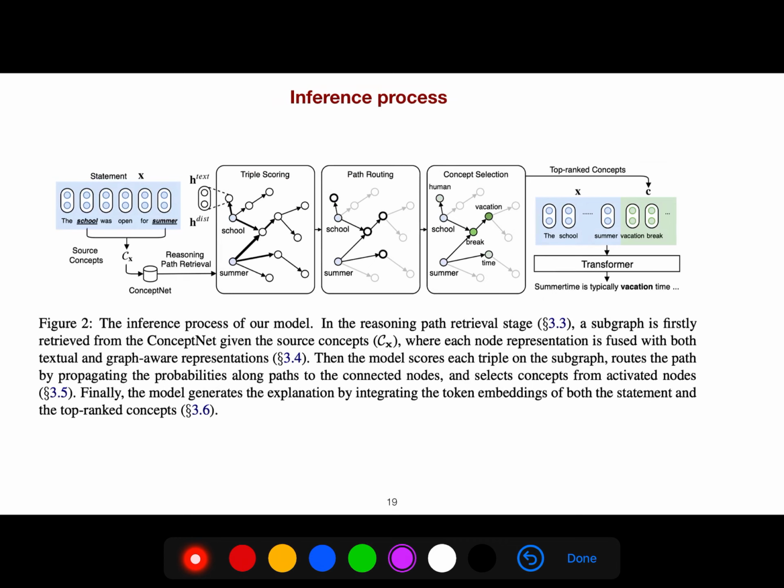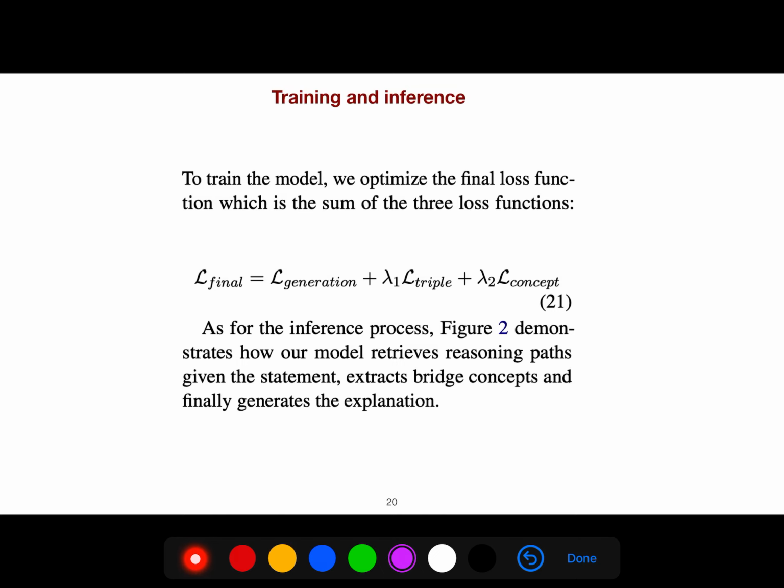So this is the inference problem. You have a source, you use ConceptNet, you find the bridge concepts that are important, and you give them to the transformer to generate something meaningful. But you have very good features like this because you know the top-ranked concepts, and this is the key. Otherwise, that transformer, that sequence-to-sequence model, we have done it several times, but the contribution is this part, that you have the bridge concepts.